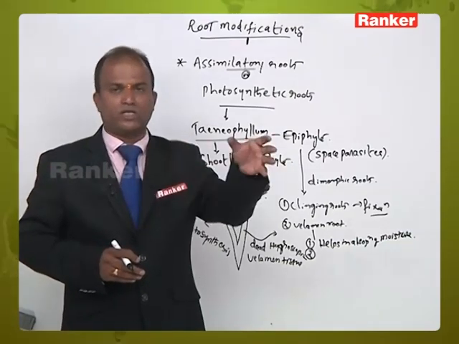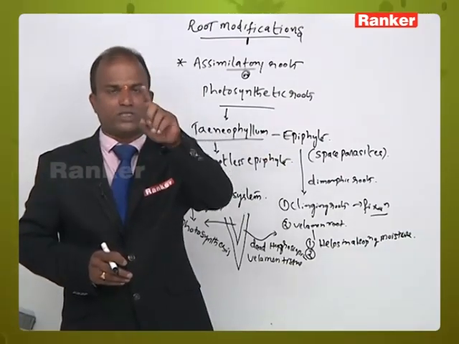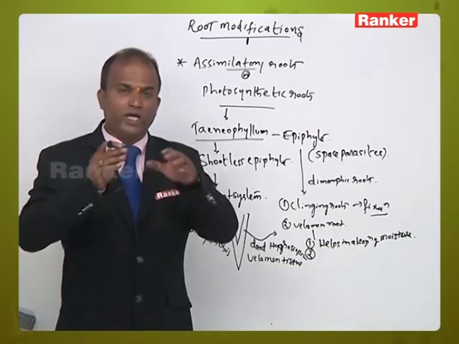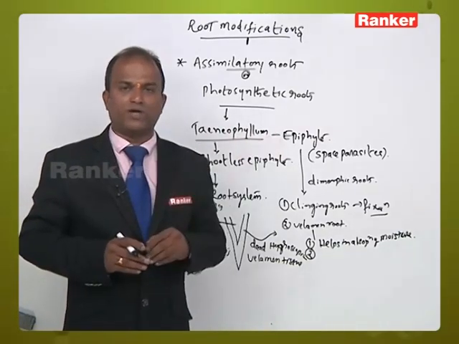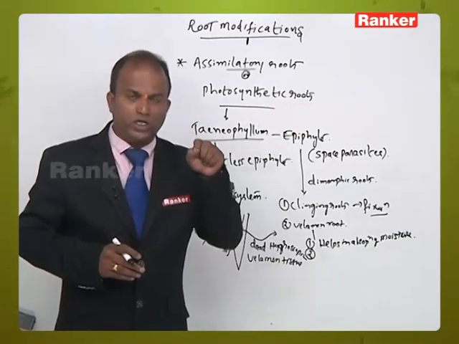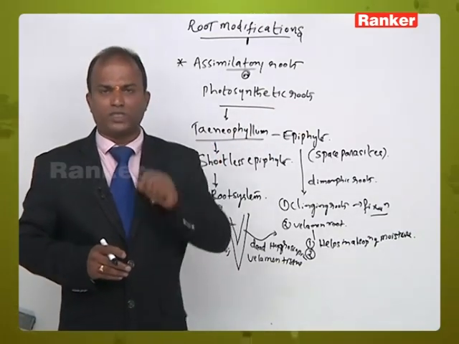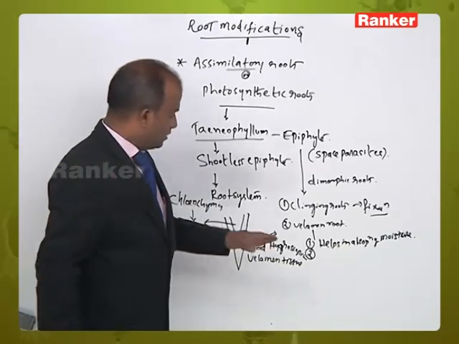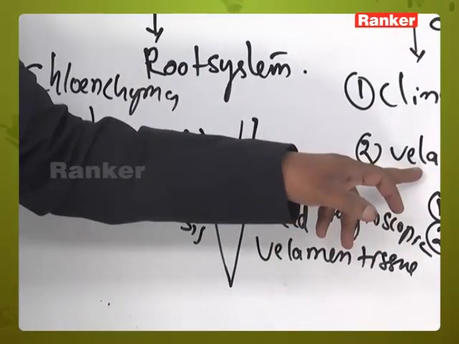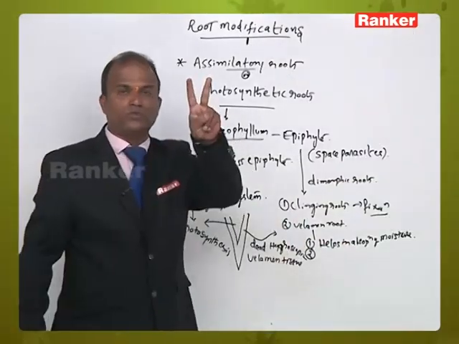What is the difference between Vanda and Taeniophyllum? Both show dimorphic roots, and both show clinging roots which play the same function. But in Vanda, the velamen root helps only in absorption of moisture from the atmosphere, whereas in Taeniophyllum, the velamen roots perform two functions.